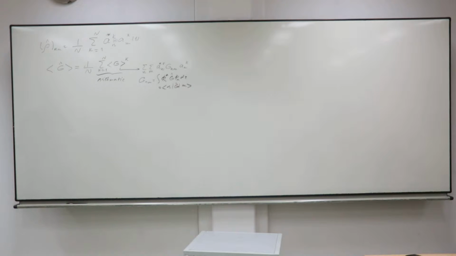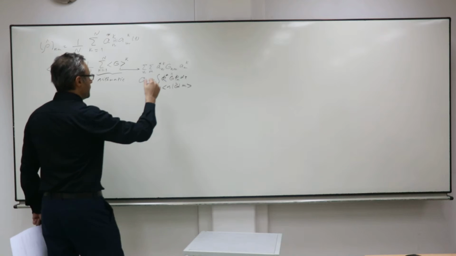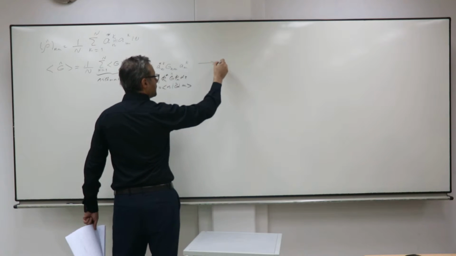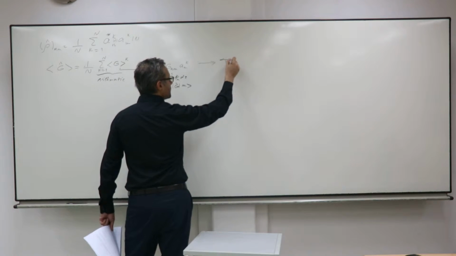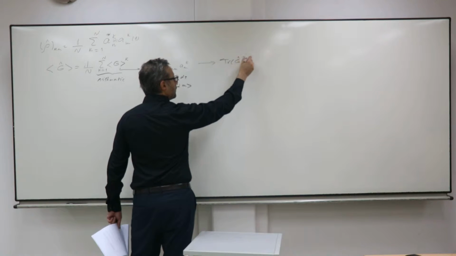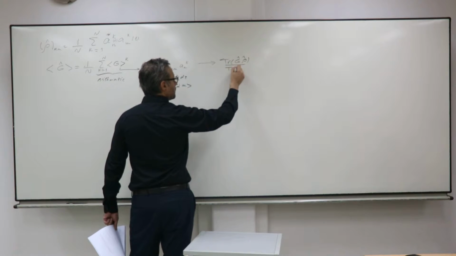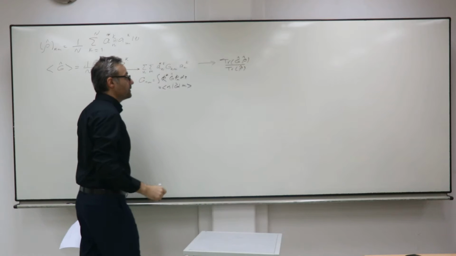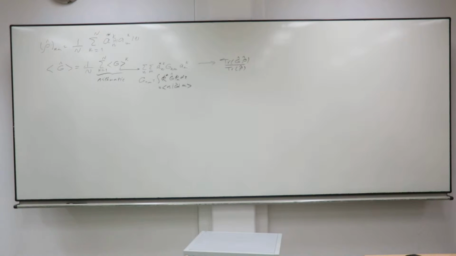By changing the sigma, we show that it will be reduced to the trace of rho G over trace rho, because sometimes the trace of rho is not 1.